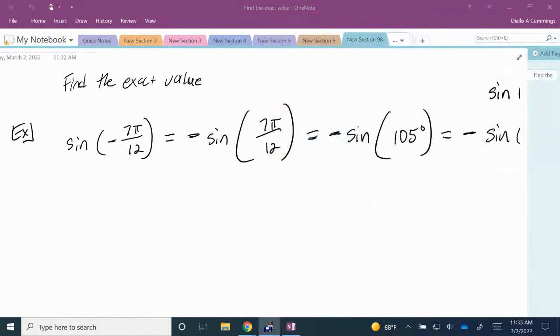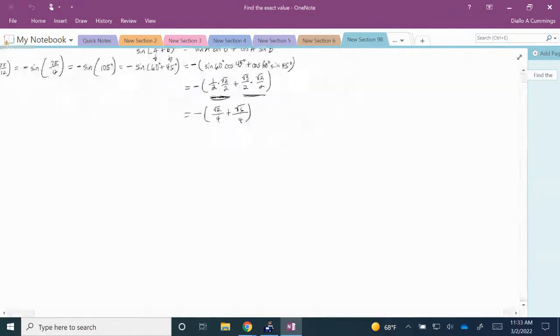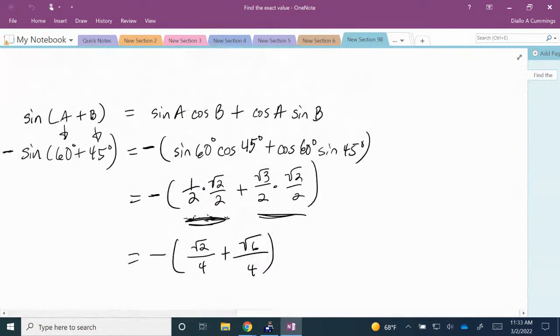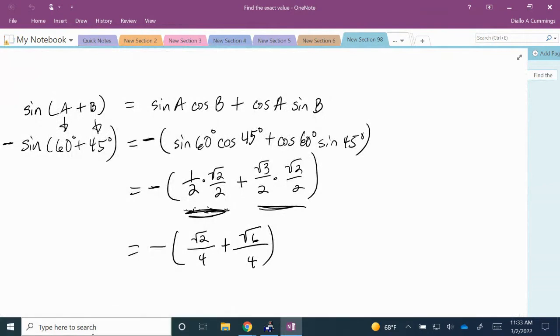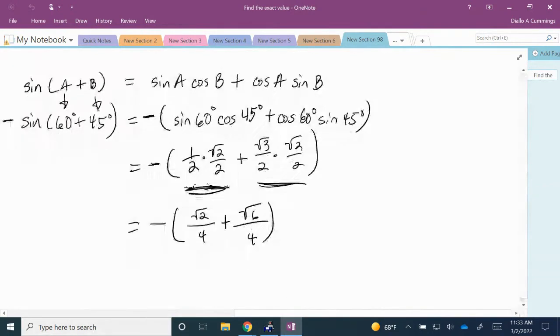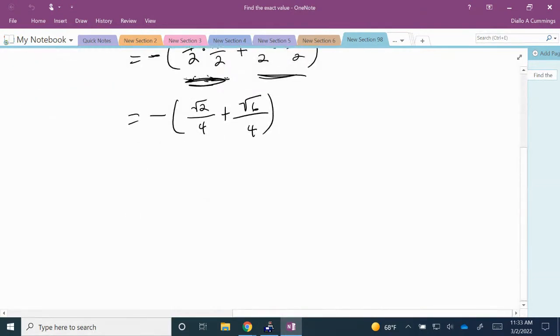Next I'm going to put in the values that we calculated.